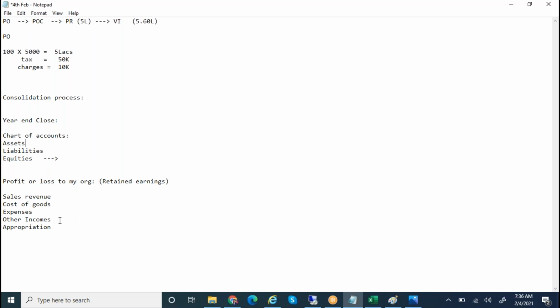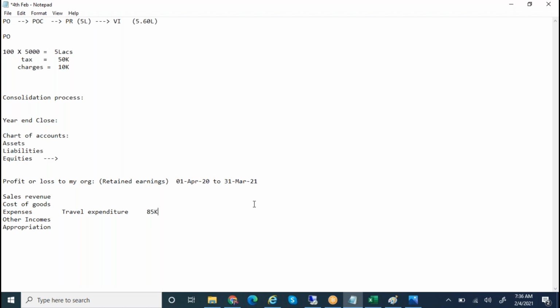But here there is a travel expenditure. This is travel expenditure from April 1st, 2020 to 31st March 2021. For this period, the travel expenditure is suppose 85,000.